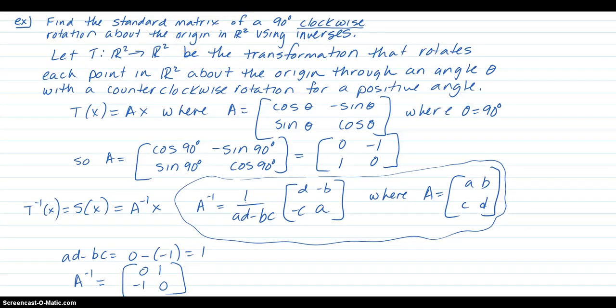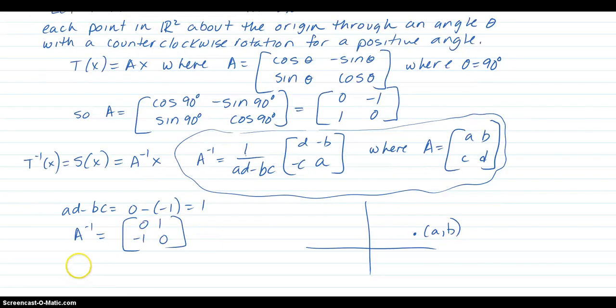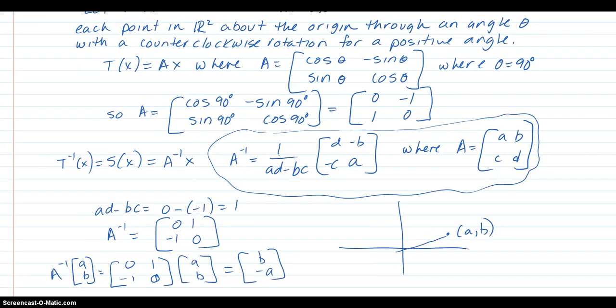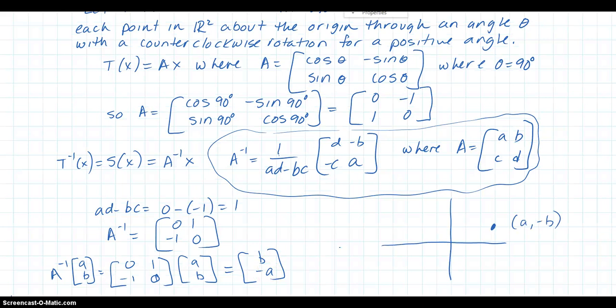So let's just check this. If we take A inverse times our (a, b), we will get (b, negative a). You can check that here: you get a b there and then a negative a. I decided to change this to grid paper so we can see this.